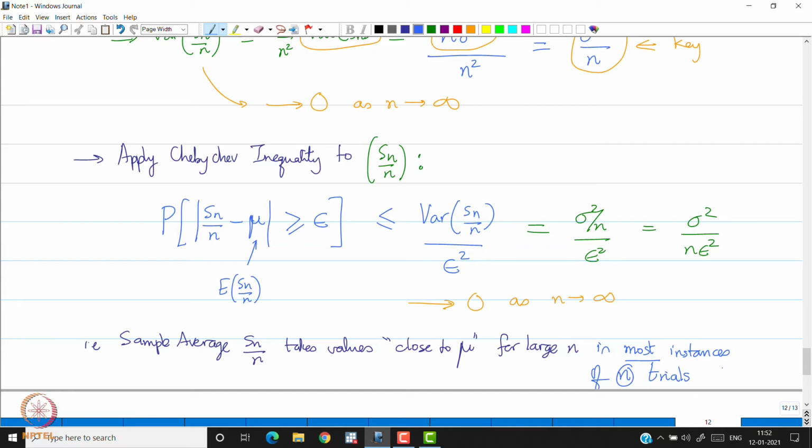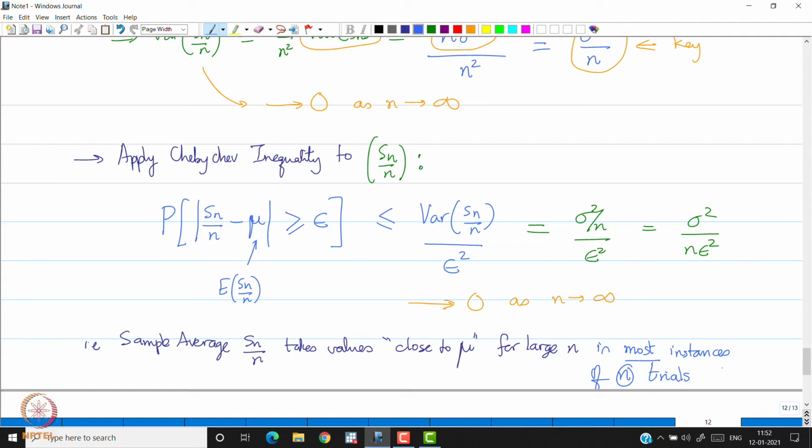The smaller you pick epsilon, the larger you are going to have to make n to get the probability as small as you want. Remember, sigma squared by n epsilon squared is a finite number, and if you want to make it smaller and smaller, for a given epsilon you have to make n bigger. You have to choose epsilon and n according to your application to get this probability as small as you want.